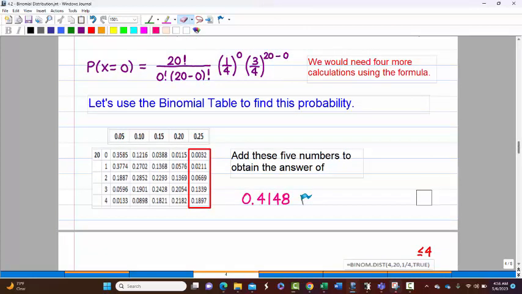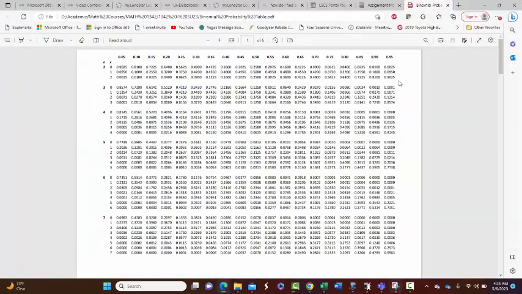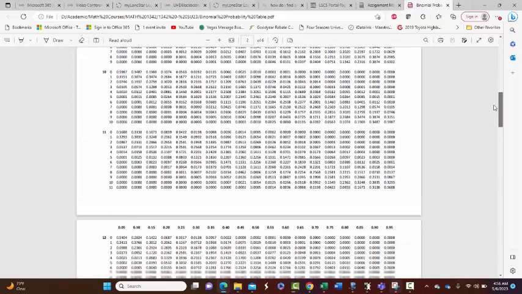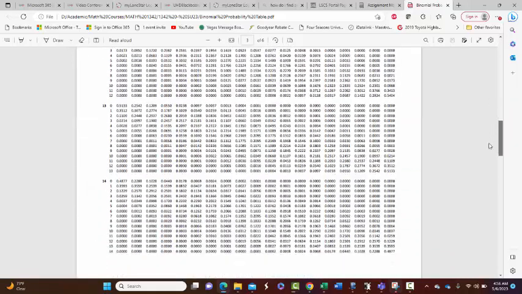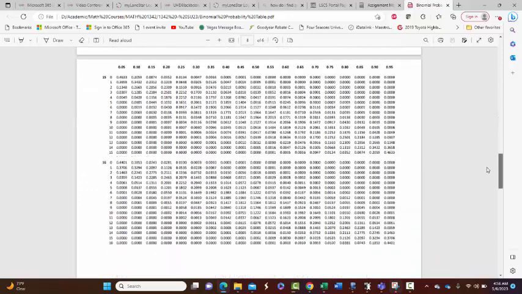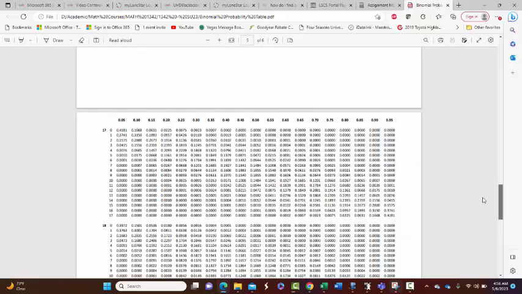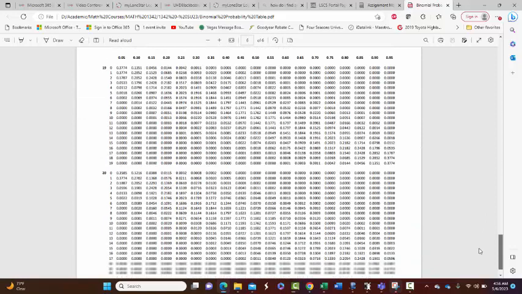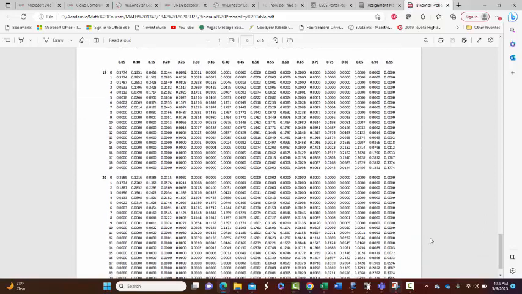So you'd go down, I'll bring the table up for a second. Go down here, 20 is the last one I have for the n's. And 1/4 converts to a probability, unlike the 1/6 for the die, 1/4 converts to 0.25, which is right off the table. Now you see when you look at this table, on each page the p values are at the top of the page, so you can use a straight edge and look down.